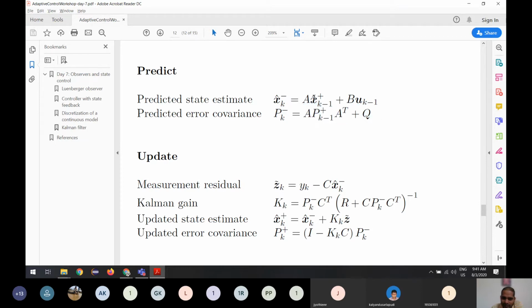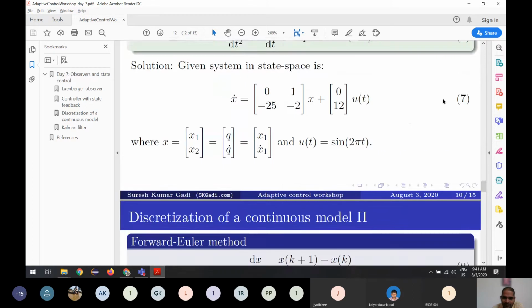And if you see here, these A, B, and C are the ABCDs of our system, a part of our actual continuous time system. But instead of using A, B, C, D, we have to use the discretized version. That's why we are learning how to discretize the system. So here when we say A, it is not the A that we are having. Let me say that again.